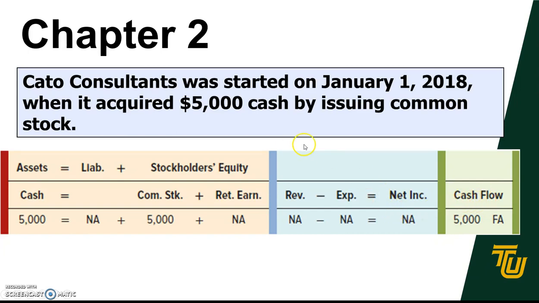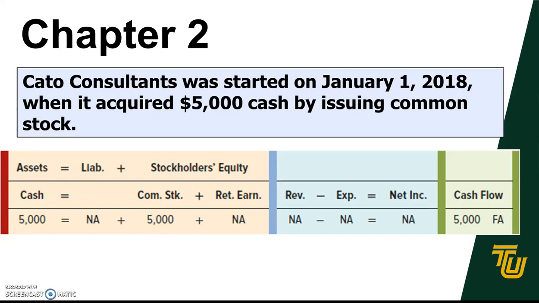We're dealing with our owners, our common stockholders, our shareholders. So this is flagged as a financing activity because we're dealing with our owners. Cash went up by $5,000, so our statement of cash flows also shows that increase and attributes it to the financing activities section.